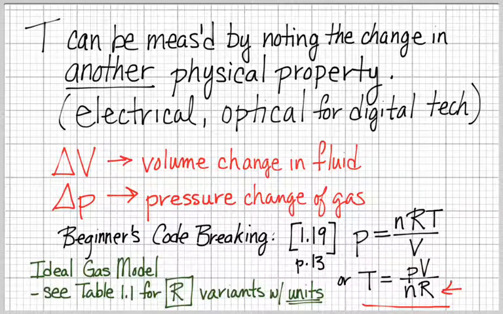I could rewrite that where temperature is equal to pressure times volume divided by moles in the system times R, the natural gas constant. As a reminder, I'll have you take a look at table 1.1. You can pause this and go back and look at table 1.1 to make sure that you're using the right units in terms of the gas constant R. Always an important thing when solving problems.